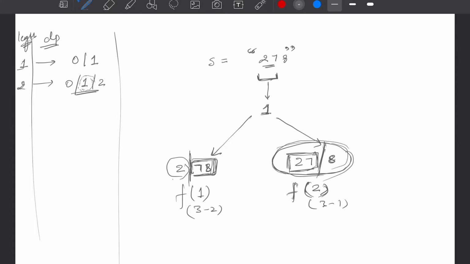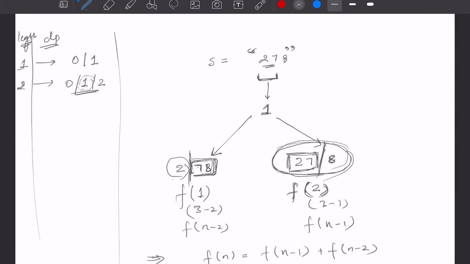So basically, when 8 is combining with the last number, the total number of outcomes for this combination will be f(n-2). And if we are considering 8 as a single unit, then the total number of outcomes will be f(n-1). So from here we can say that f(n) equals f(n-1) plus f(n-2), right?